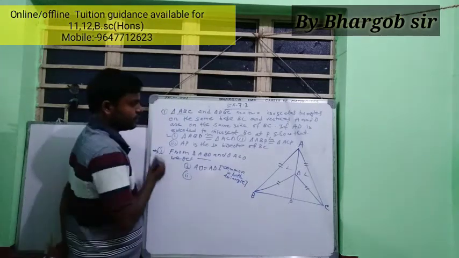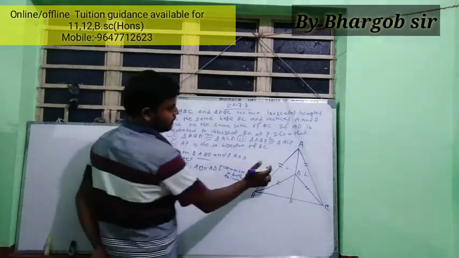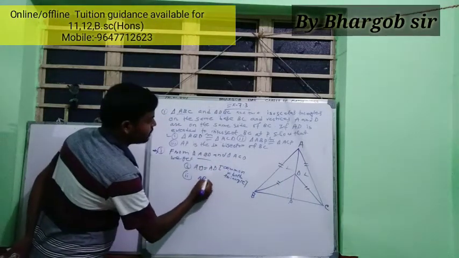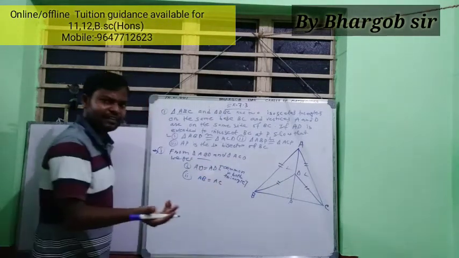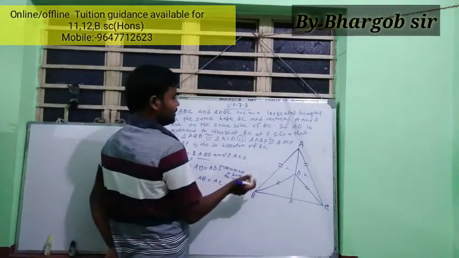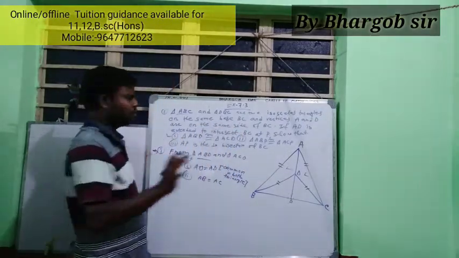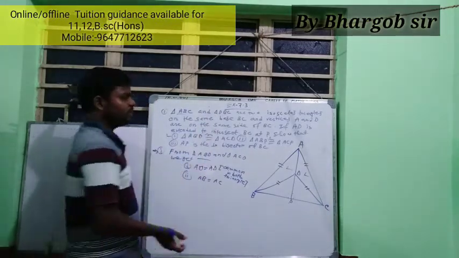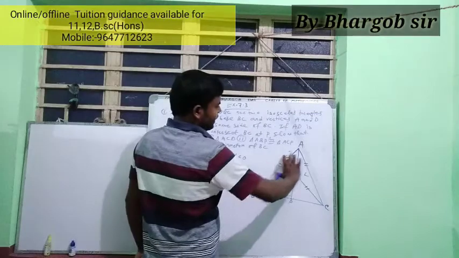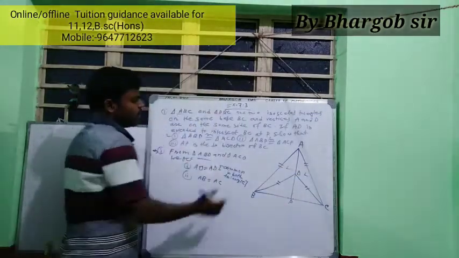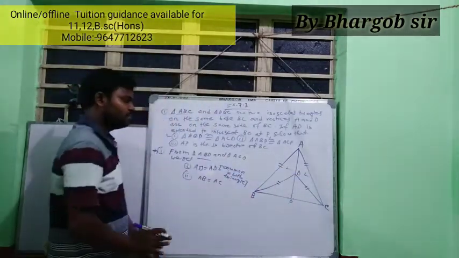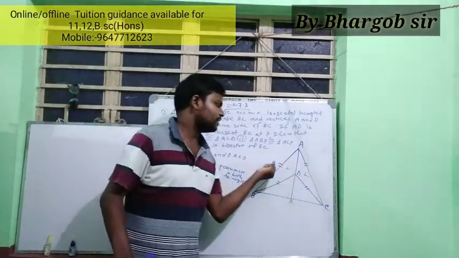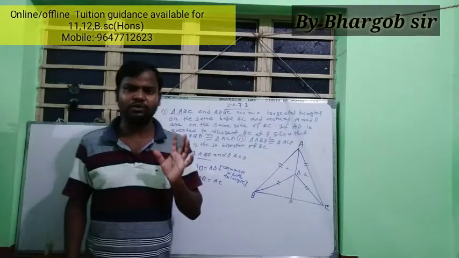Number 2, this side and this side are equal, AB equals AC. We can take it, no problem. Since this triangle and this triangle are isosceles, we take this side and this side as equal. In general we can take this side and this side as equal. It is very helpful to prove this.